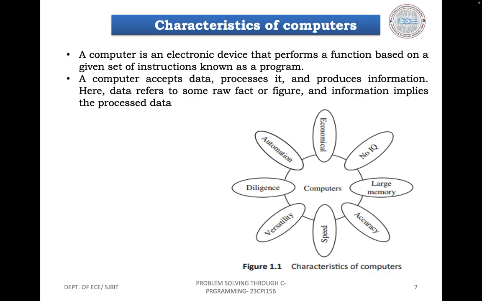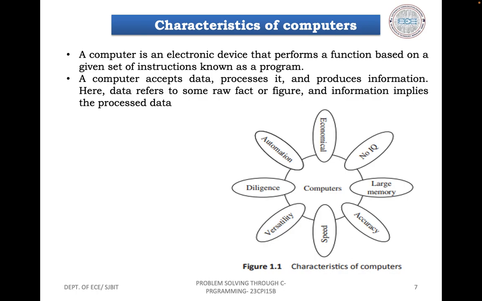So accuracy is very important, and speed is one of the characteristics of computers. When we are executing some program, or running some application, if it is very slow, then using the computer doesn't serve the purpose.